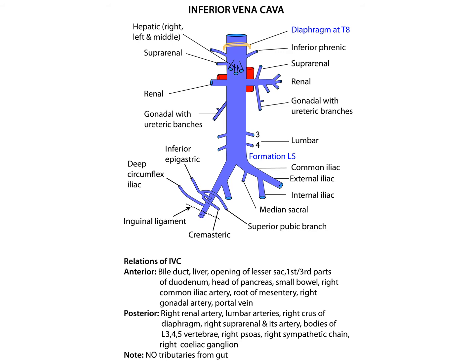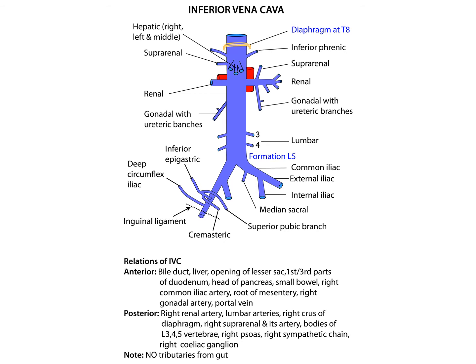Also into the left renal vein is the gonadal vein and some branches from the ureter, whereas the gonadal vein on the right side joins the inferior vena cava in its anterior aspect at about L1 or 2. Then posteriorly there are a number of lumbar veins, specifically the third and fourth draining into the IVC, whereas the upper ones, 2 and 3, go superiorly to form the azygos veins.